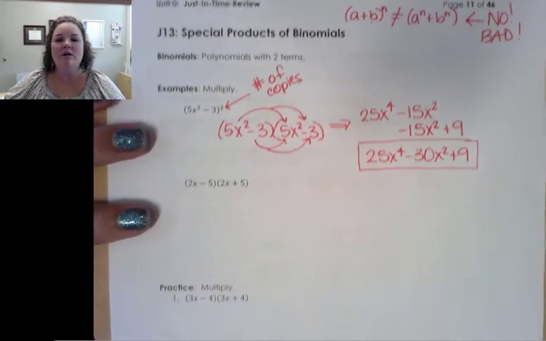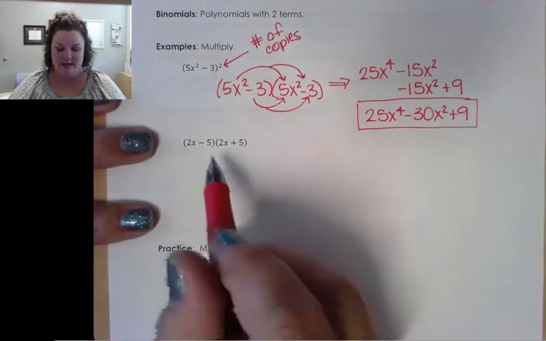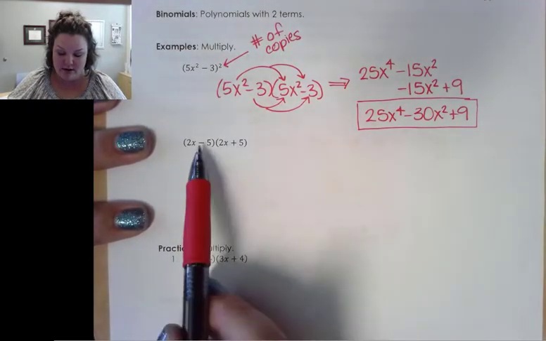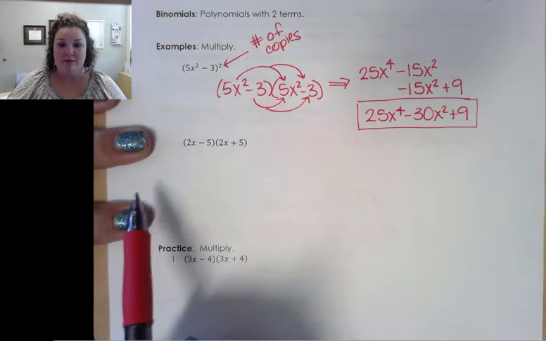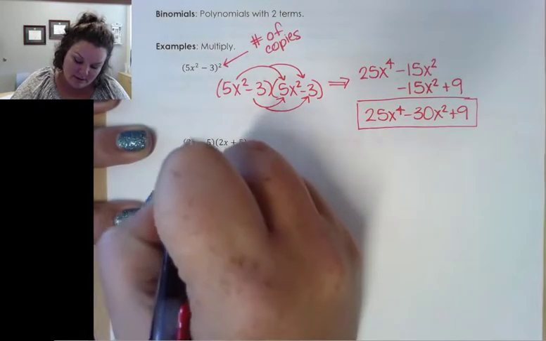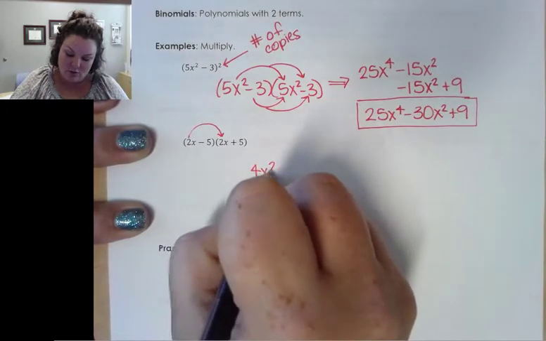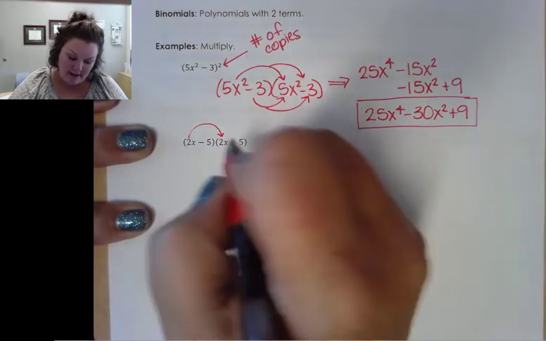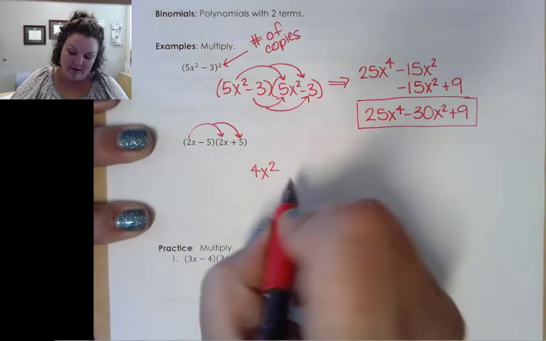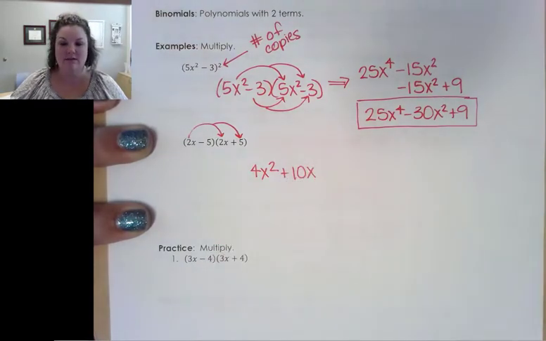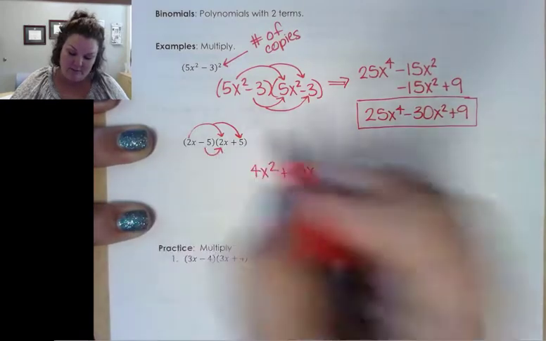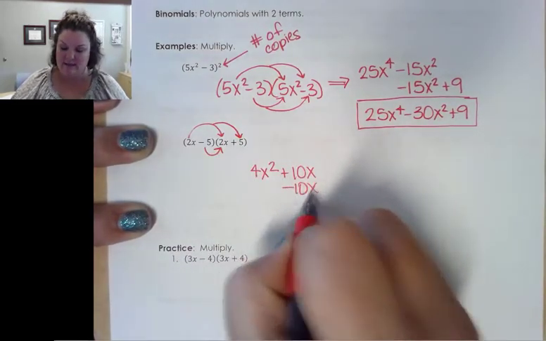All right, the other one is when we multiply two quantities that are seemingly identical other than the middle value, okay? So if I distribute this out, 2x times 2x gives me 4x squared, right? 2x times positive 5 gives me a positive 10x. And then I distribute my negative 5. Negative 5 times 2x is negative 10x.